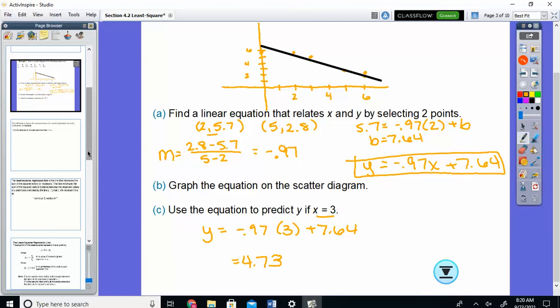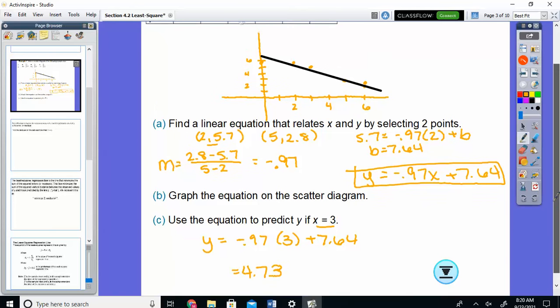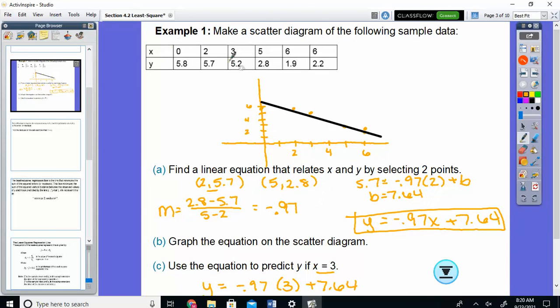If I wanted to, did I have 3 as an actual point here? I did. So if I wanted to find the residual for this, when x equals 3, residual is your observed, so my observed value when x is 3 was 5.2 minus my predicted.